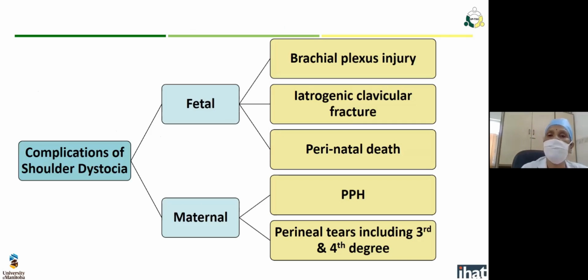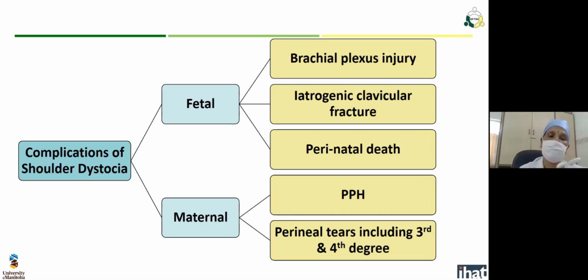और we are giving the traction on the shoulder and head. There is stretching of the brachial plexus that can lead to various types of nerve injury, or there is iatrogenic clavicular fracture, or you are doing the manipulation, fracture of the humerus can occur.